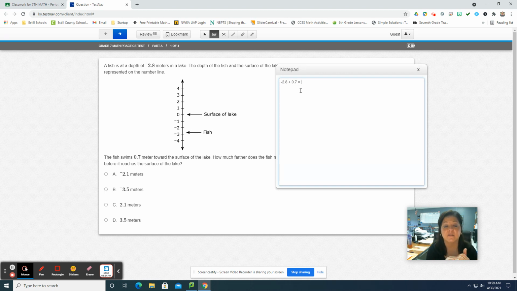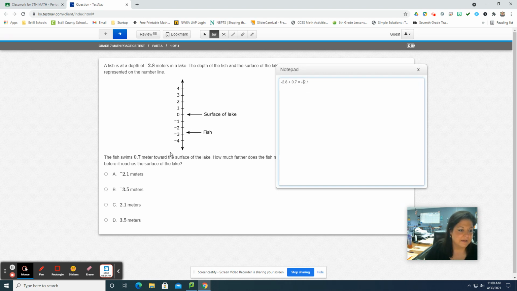It will be positive if the biggest number is further away on the positive side. So this one, it looks like -2.8 has a greater absolute value than +0.7. So when we subtract these, 2.8 minus 0.7, we get 2.1. That is a negative answer. So I'm going to write -2.1.